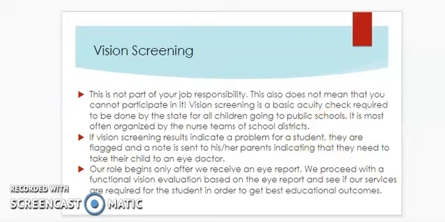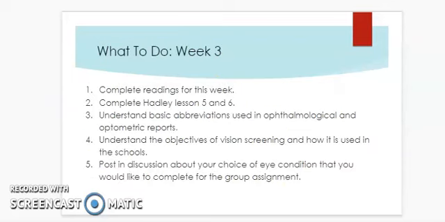And then other than the Hadley lesson, we are also going to go with two major components, which is vision screening and basic abbreviations used in eye reports and optometric reports. And then we will go over that in this slide.